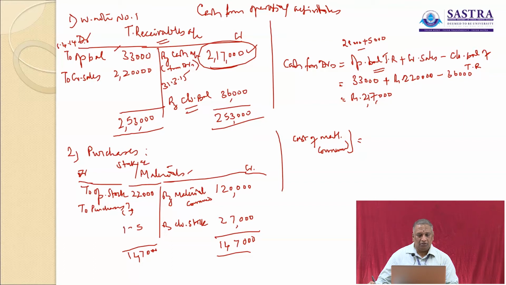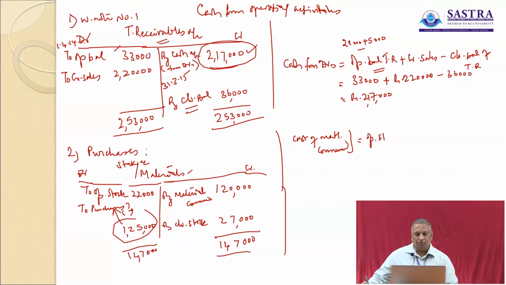So it should be 1,25,000, which is your purchases. This is the missing information. Purchases is 1,25,000. If it is to be arrived at in equation format, how has this to be done?